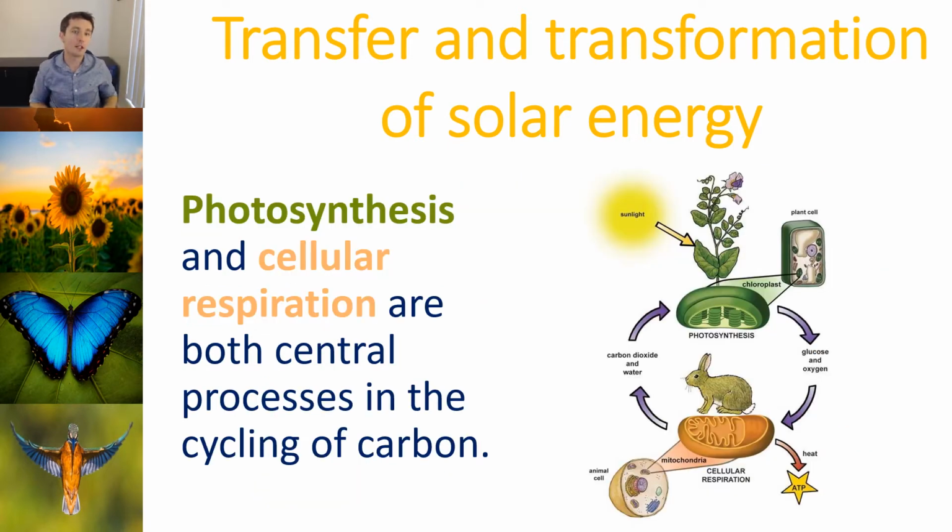Going on. Photosynthesis and cellular respiration are the central processes in the cycling of carbon throughout living organisms here on Earth. So here plants take in carbon dioxide. They then convert that carbon dioxide to glucose. Animals eat that glucose, and then they respire, releasing carbon dioxide back into the environment, and the cycle continues.